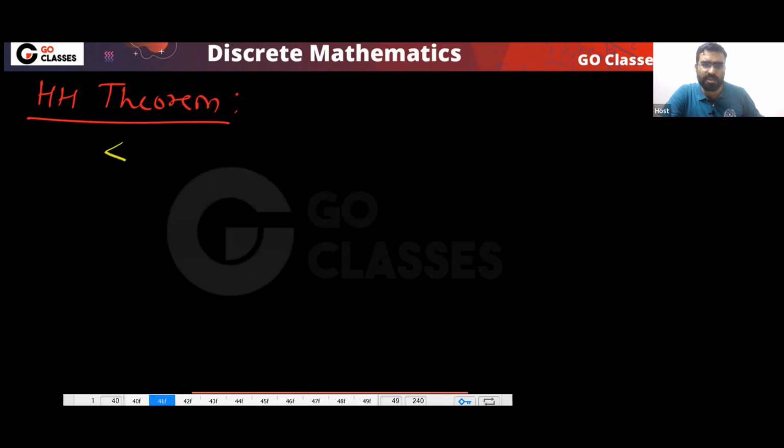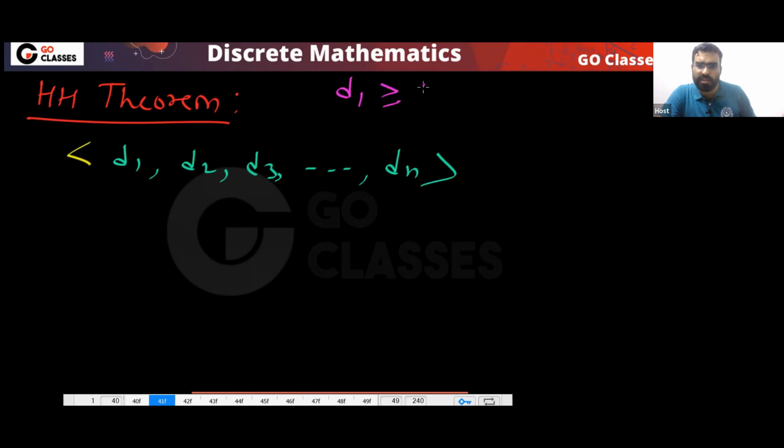Let's assume you have a sequence like D1, D2, D3, and so on up to Dn, and I am writing this in the non-increasing order. Always remember, this is very important, that you should always write this in the non-increasing, meaning decreasing, order.